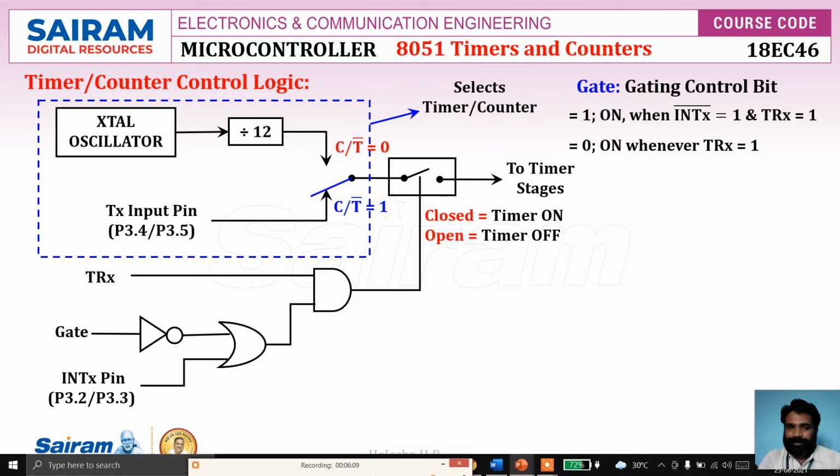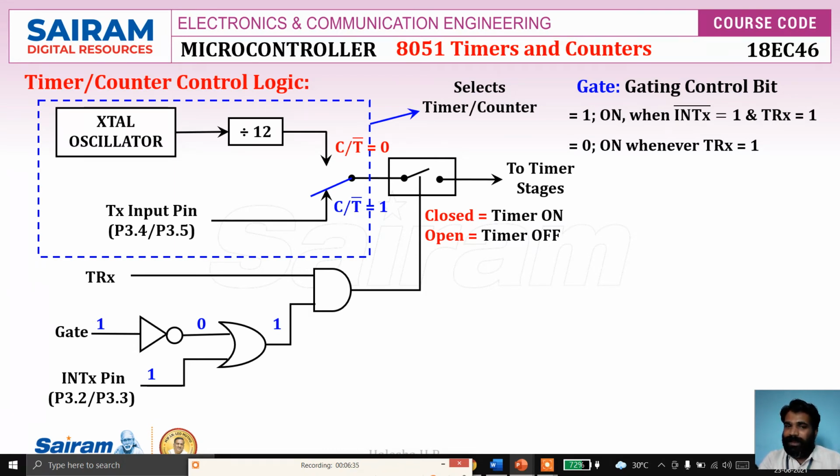And suppose GATE is equal to 1. Output of the NOT gate is 0. So the input to the OR gate is 0. Its output depends on the other input, that is the interrupt pin. Suppose it is 1, so the output of the OR gate is 1, and that is input to the AND gate.